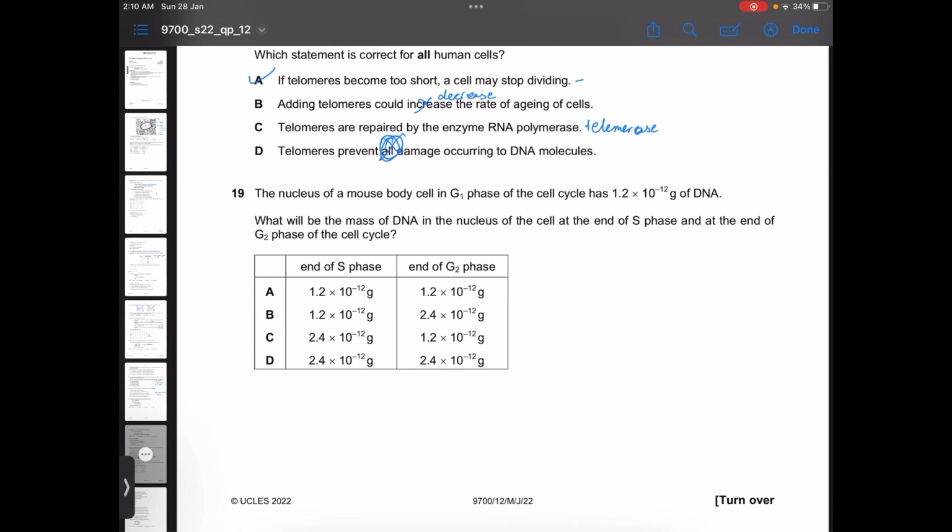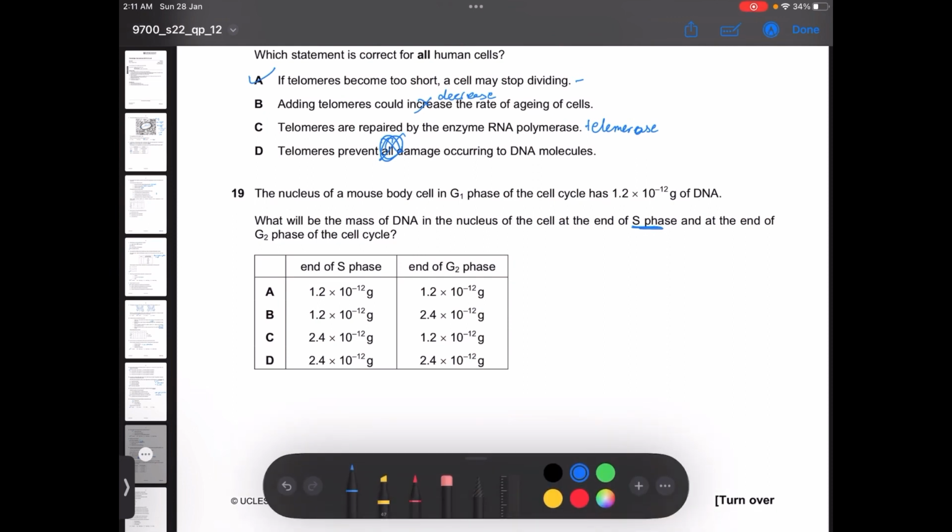The cell has not started DNA synthesis, and in S phase the DNA synthesis occurs, so the mass of the DNA would be double because an exact copy of the DNA is being formed, so it would be either C or D. And at the end of G2 phase, the cell prepares itself for mitosis, so there is no replication, no synthesis, so the amount of DNA would be the same, so it will be D.